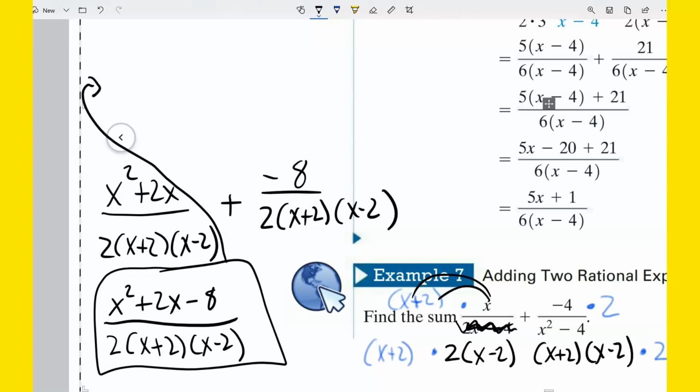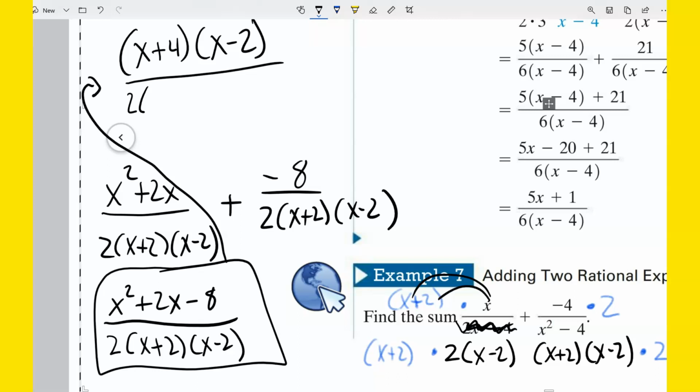The top of that fraction factors as x plus 4, x minus 2, over 2 times x plus 2, x minus 2. Hope you see how that factors that way, because 4 times negative 2 is negative 8, and 4 plus negative 2 is positive 2.